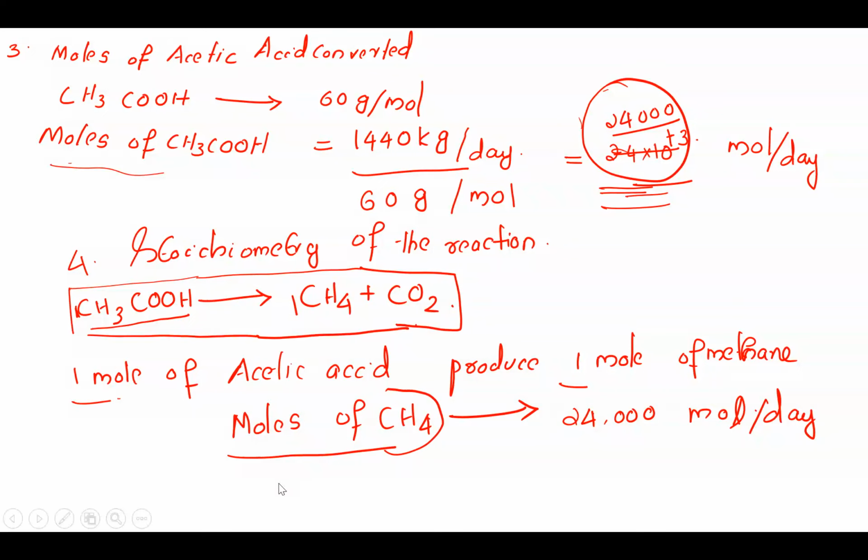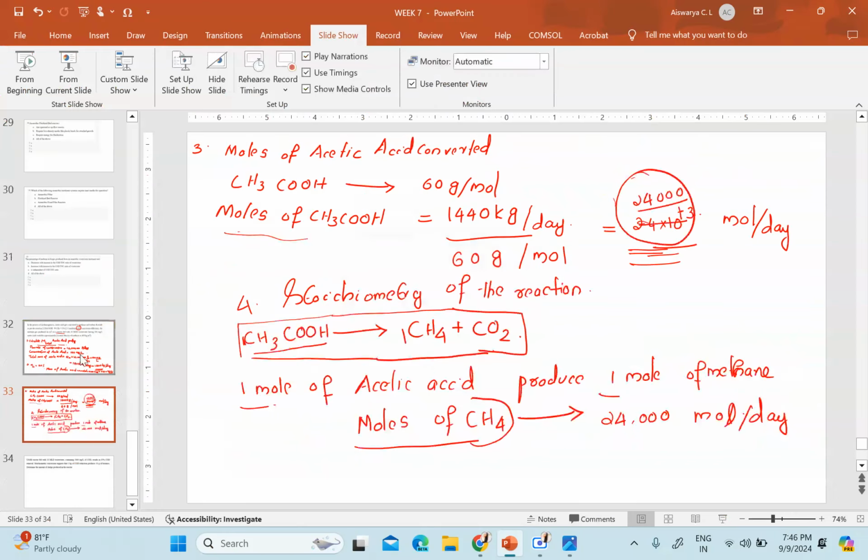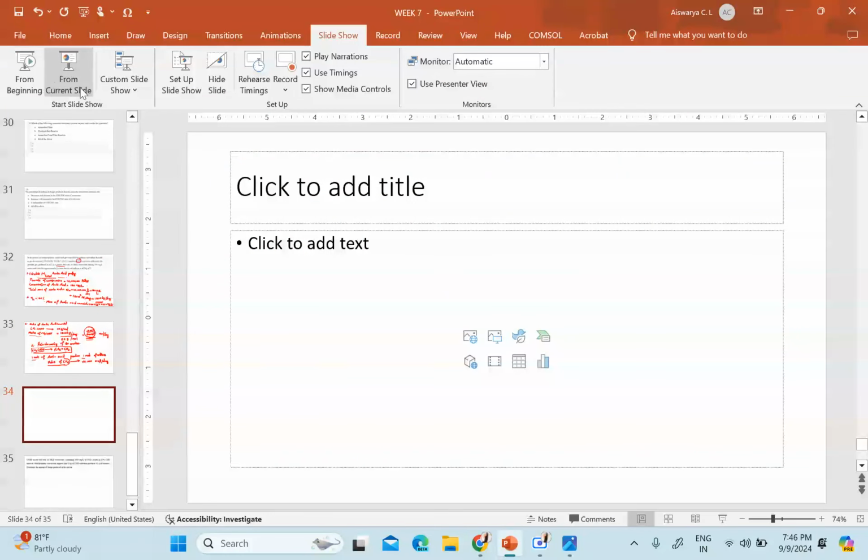Now we need to convert this value into mass.